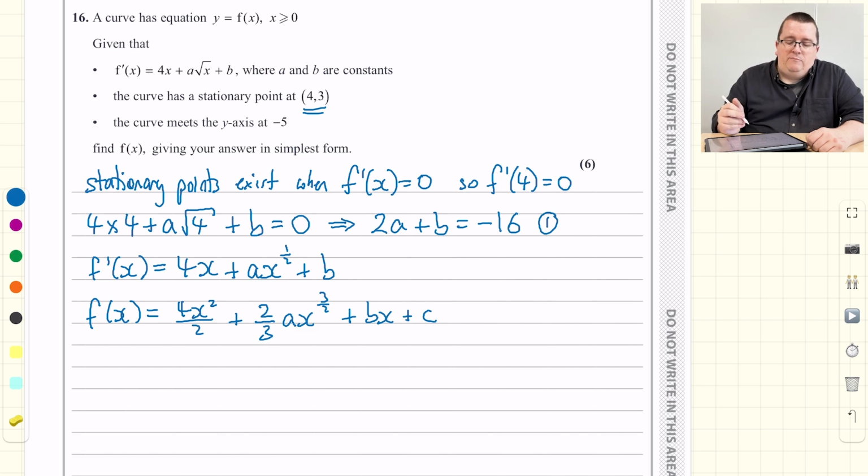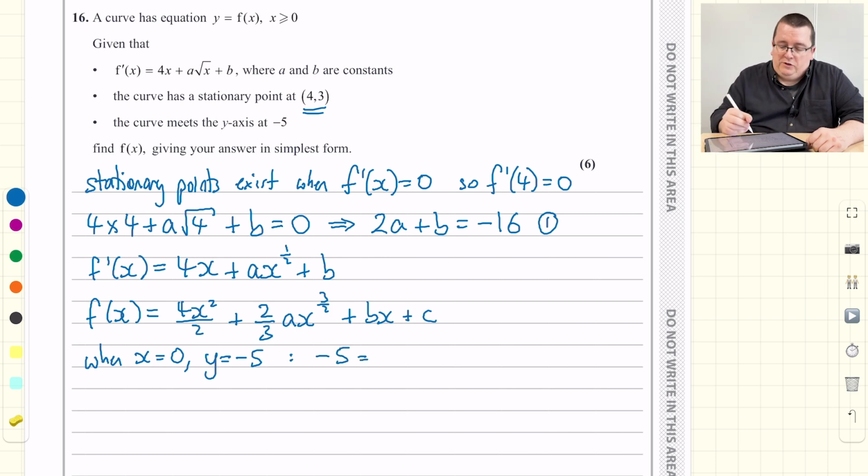Now, we know that the curve meets the y-axis at minus 5, so when x is 0, y is equal to minus 5. So minus 5 is equal to 4 times 0 squared over 2, so 0 plus 0 plus 0 plus c.